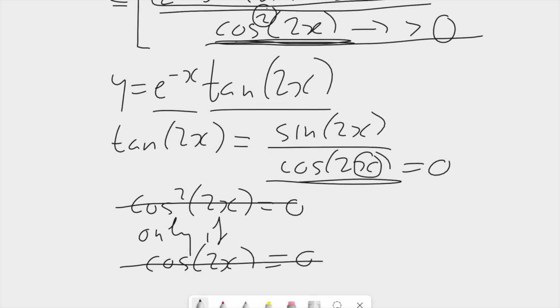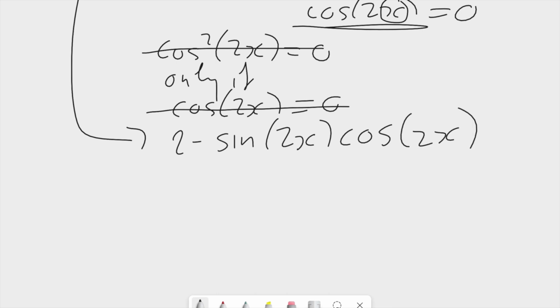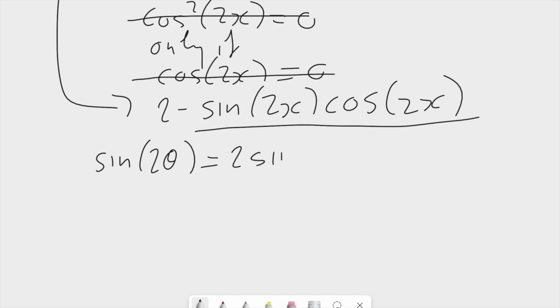always greater than 0. So bring that down, and we have 2 minus sine of 2x times cos of 2x. Something you might notice about this is that it's very similar to a common trig identity, the double angle identity for sine, which is that sine of 2 theta equals 2 times sine theta cos theta.